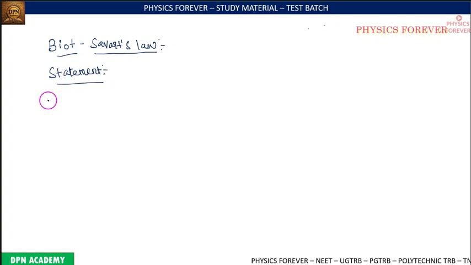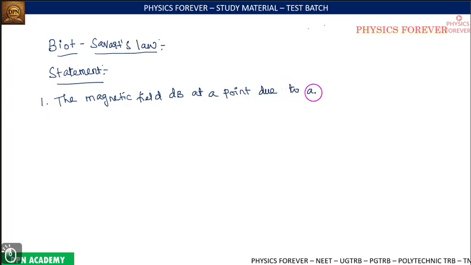So the statement, first point: the magnetic field, that is dB, at a point due to a small current element, that is IDL.